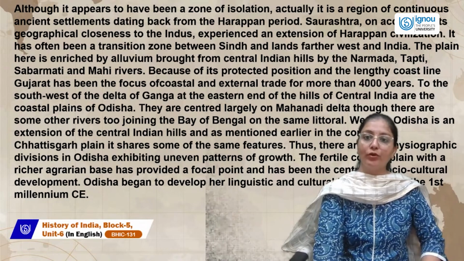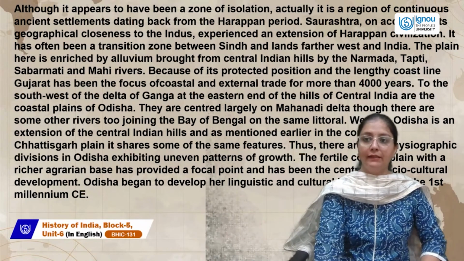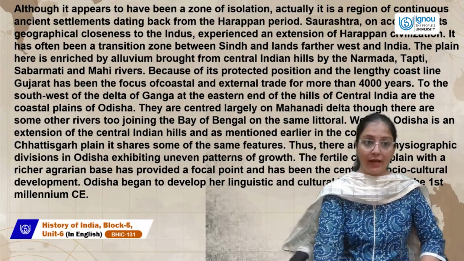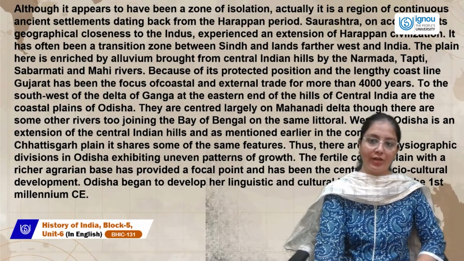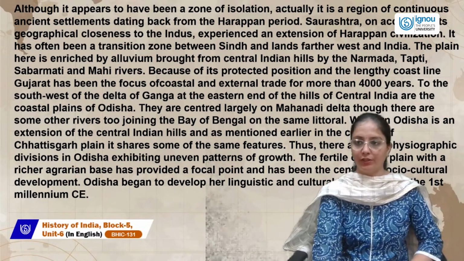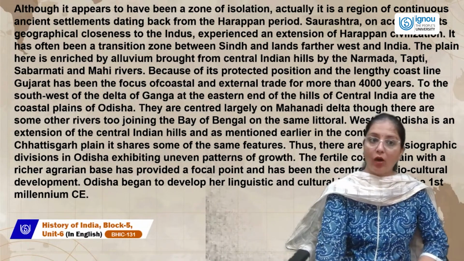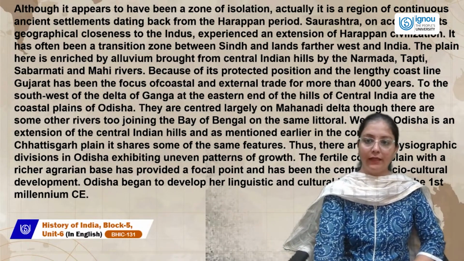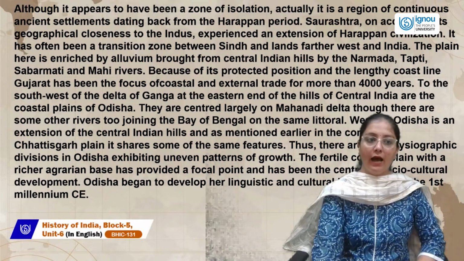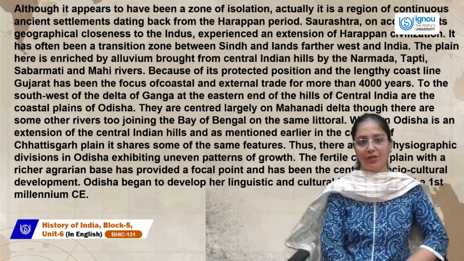Because of its protected position and lengthy coastline, Gujarat has been the focus of coastal and external trade for more than 4,000 years. To the southwest of the delta of the Ganga, at the eastern end of the hills of central India, are the coastal plains of Odisha.